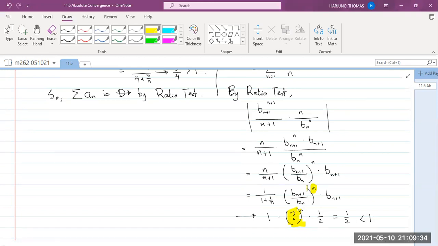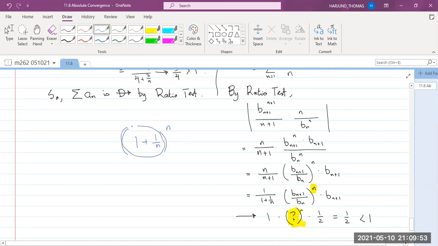Now you may wonder, Thomas, why can't we just claim that's 1? Here's the thing. You remember that we have this case here, (1 plus 1 over n) to the power of n. Now, the inside here, if you do them separately, is convergent to 1.